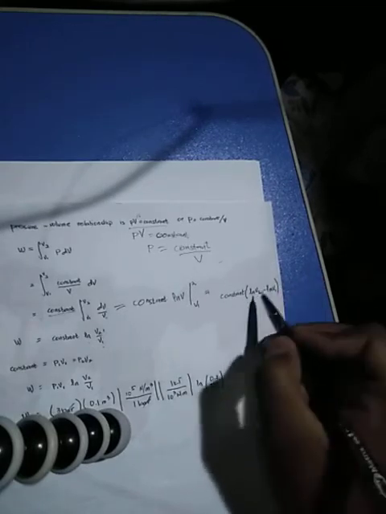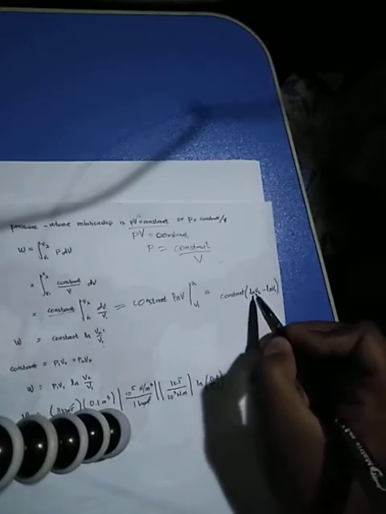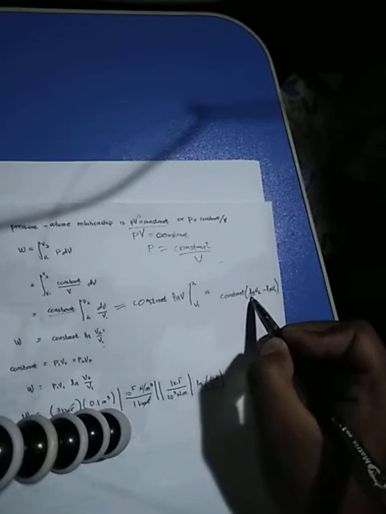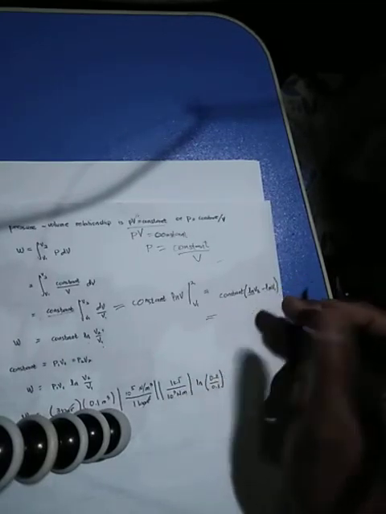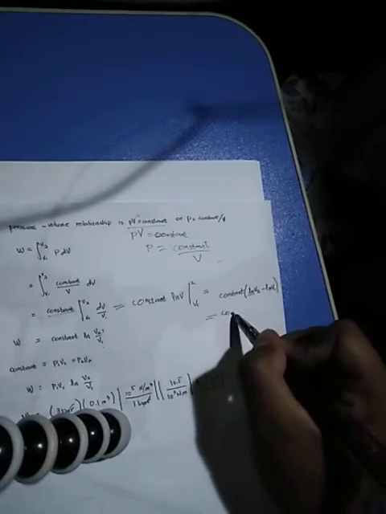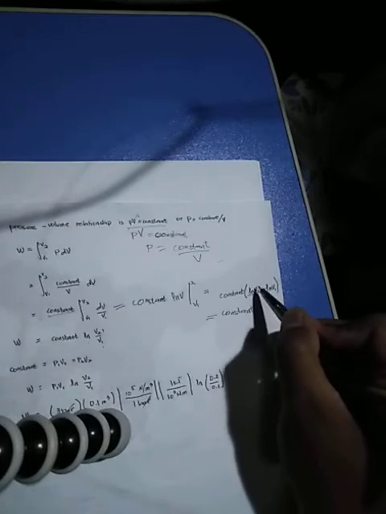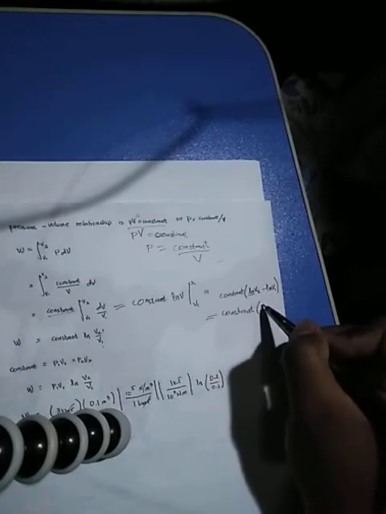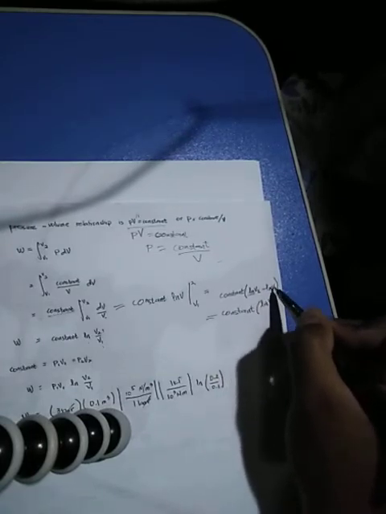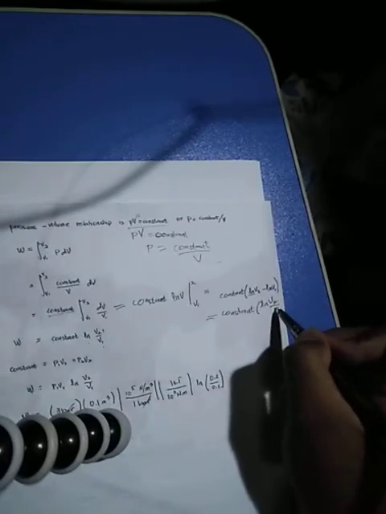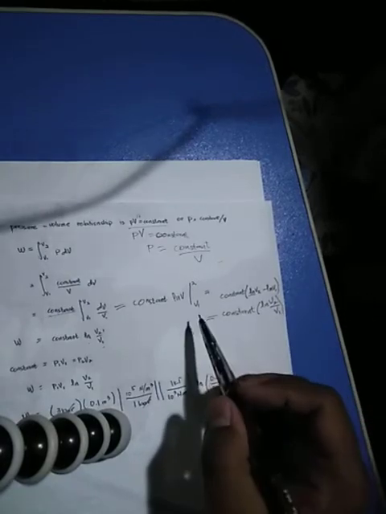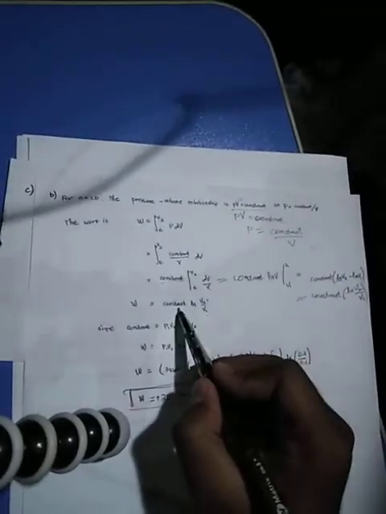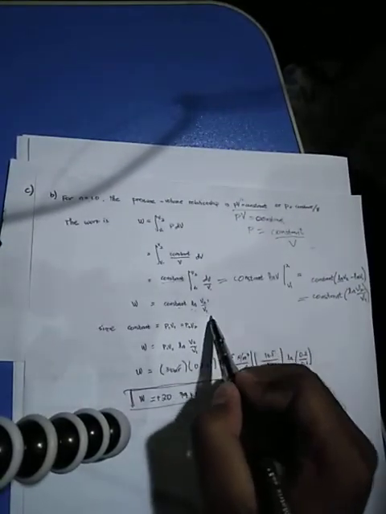So from the property of logarithm, pag meron kang minus tapos meron kang logarithmic function, pwede mo siyang i-merge, no? So mangyari is constant tapos ln of V2, tapos yung V1 is magiging denominator na lang. So that's why we have ln of V2 over V1. Okay? So kaya in here, constant multiplied by ln of V2 over V1.